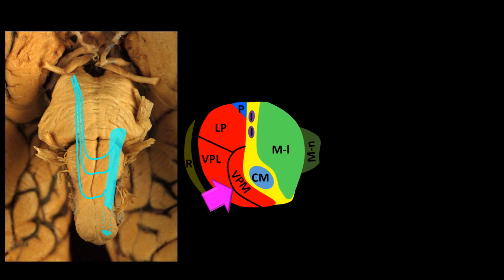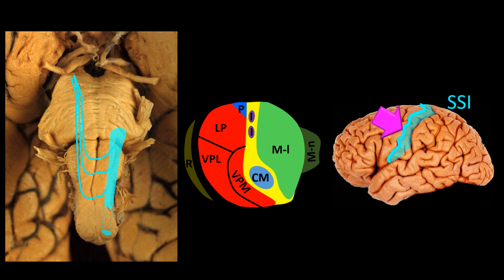I have now added the formation and course of the trigeminal thalamic tract. This tract ends at the ventral posteromedial thalamic nucleus, and from there fibers go to the mid-region of the postcentral gyrus where the face is represented.